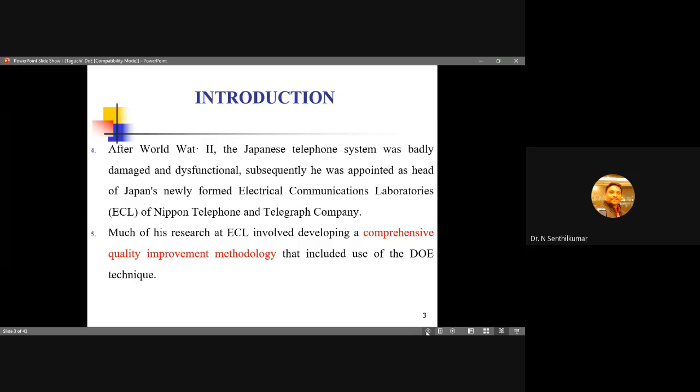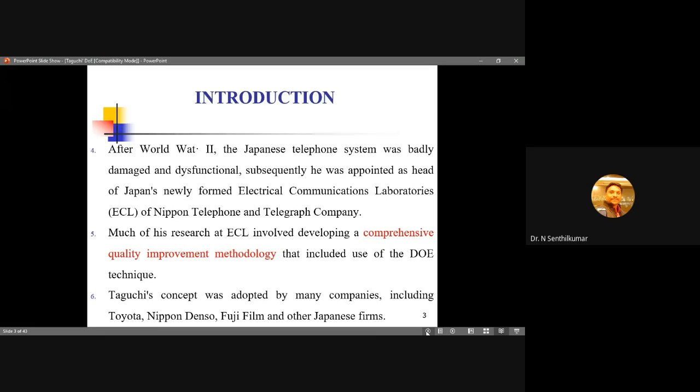That is where he implemented the quality improvement methodology in the DOE technique. Much of his research at the telephone company was towards developing a quality improvement methodology with the use of DOE. By using DOE, the quality can be further improved.